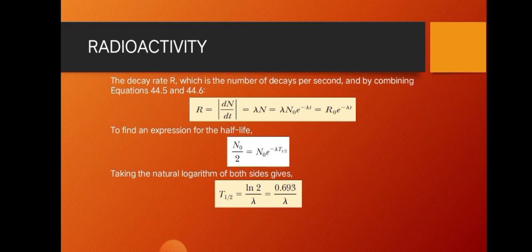Canceling the N sub 0 factors and then taking the reciprocal of both sides, we obtain e raised to lambda T 1/2 is equal to 2. Taking the natural logarithm of both sides gives T 1/2 is equal to the natural log of 2 over lambda, which will be equal to 0.693 over lambda.